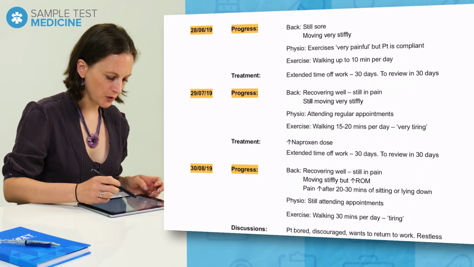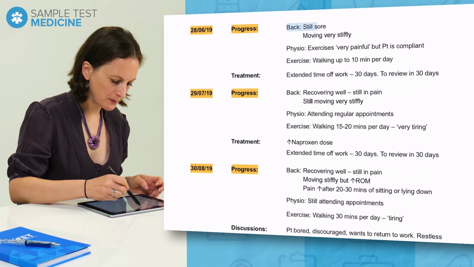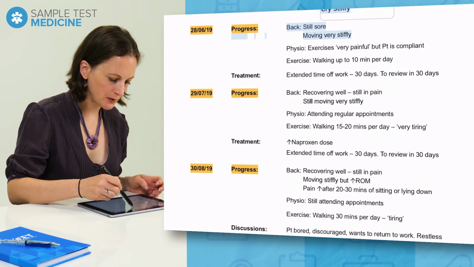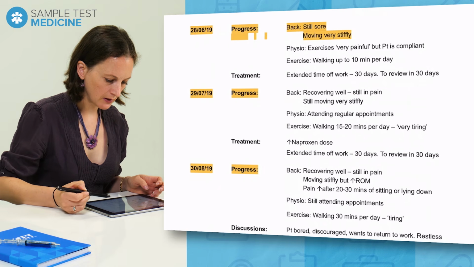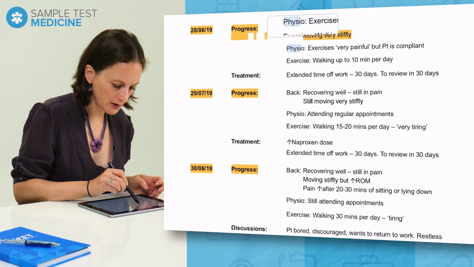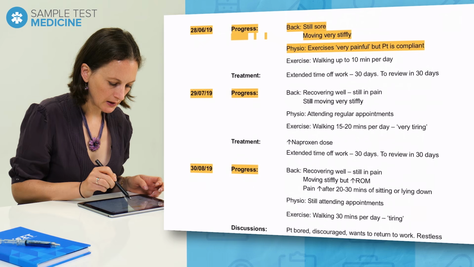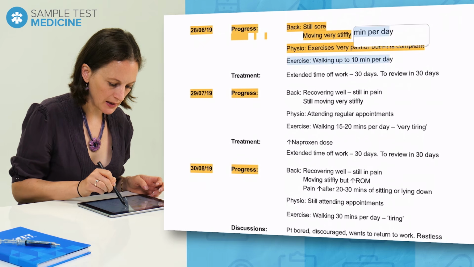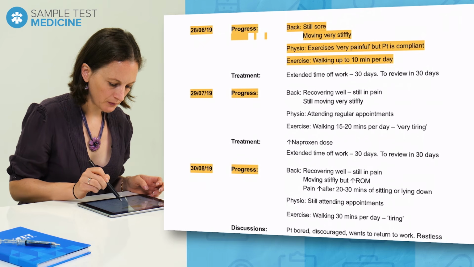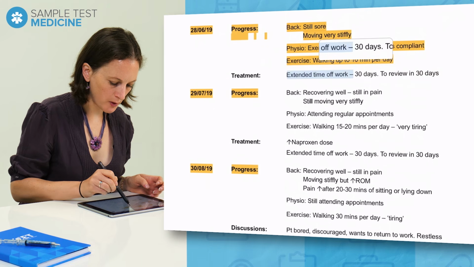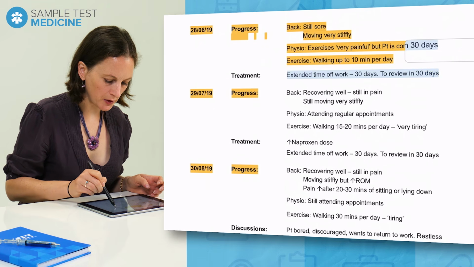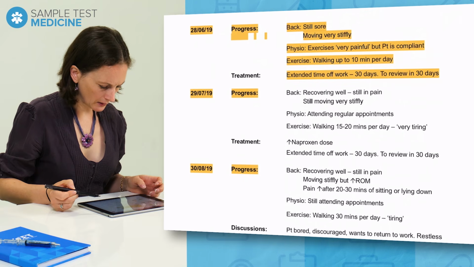At the review in June, I can see that the patient's back was still sore and that he was still moving very stiffly. He had been completing the physio, but described the exercises as very painful. He'd also been walking for up to 10 minutes per day. Another 30 days off work were arranged and another review in 30 days.